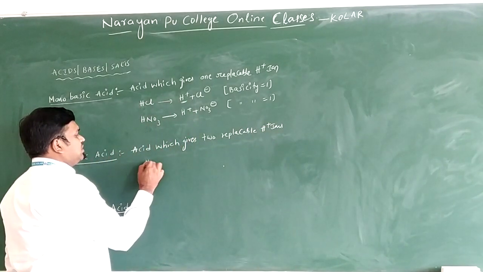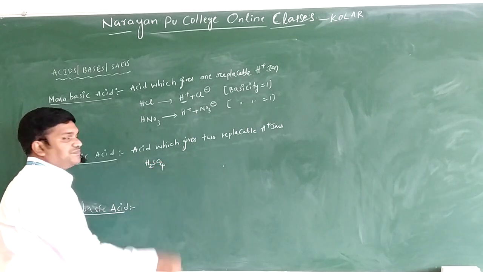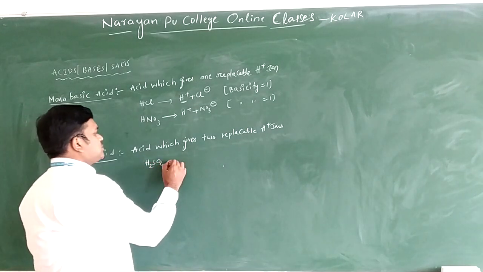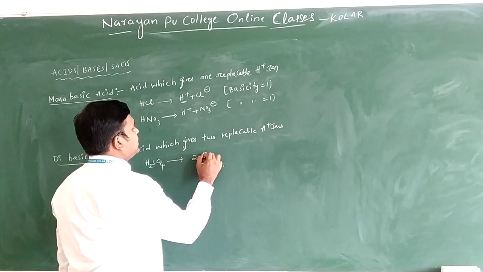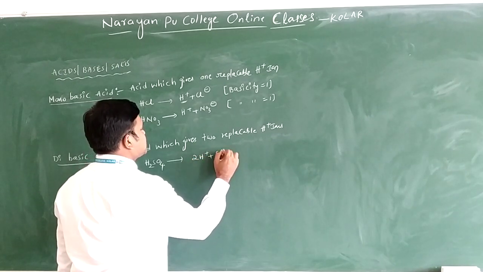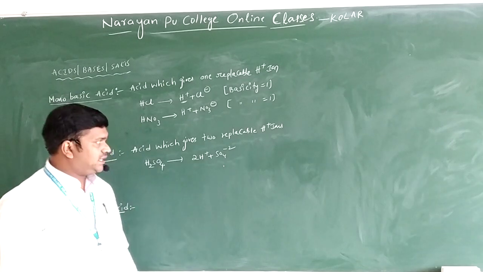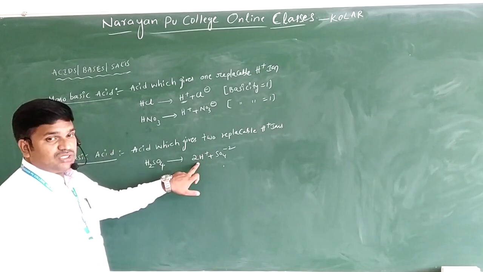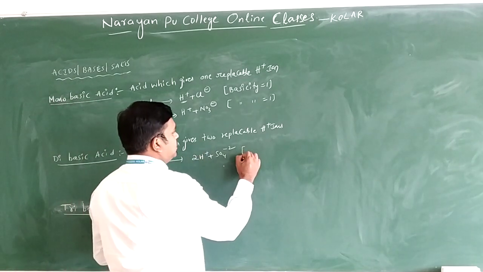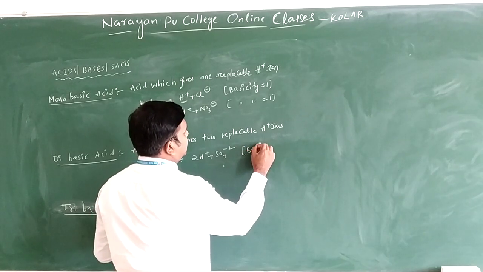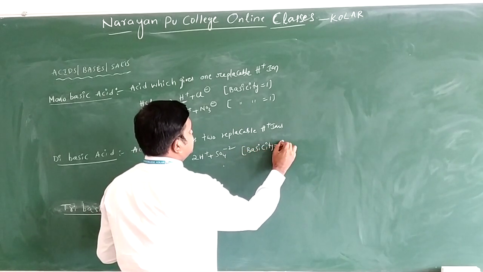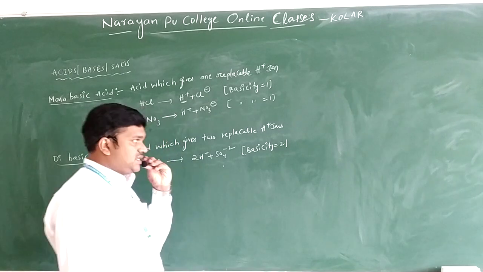Let us see the example. We have sulfuric acid. Sulfuric acid dissociates to give 2H plus and SO4 2 minus. Here how many replaceable hydrogens do we have? 2. So basicity is equal to 2.